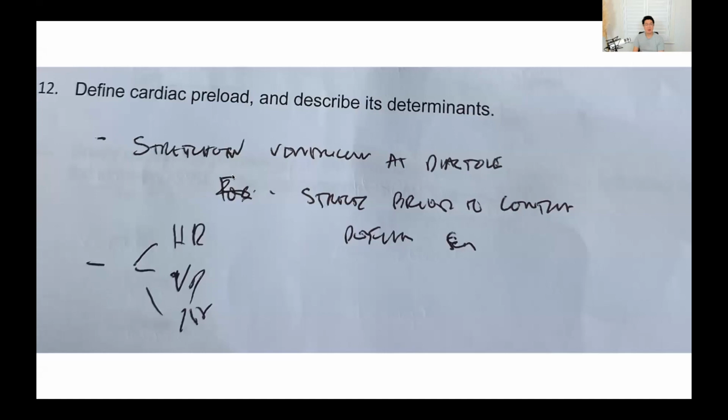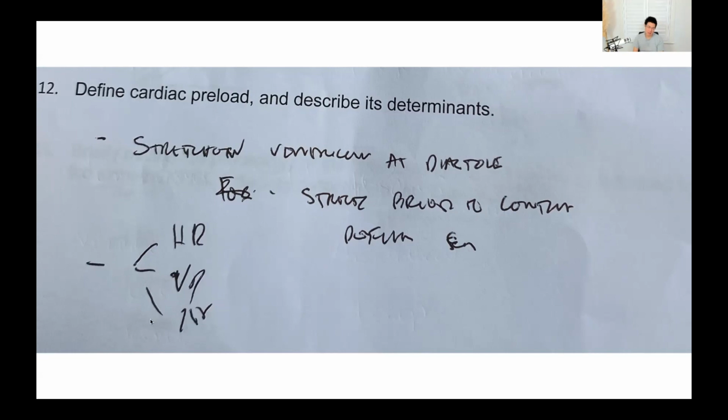And this is the structure here. I think this must be the stretch on the ventricle. So this talks about the Frank-Starling mechanism, the stretch on the ventricle at the end of diastole, and that also probably describes the definition of preload. And then we've got the factors that affect preload: heart rate, venous return, and probably one more. I wonder whether that has to do with diastolic filling time, which is heart rate.